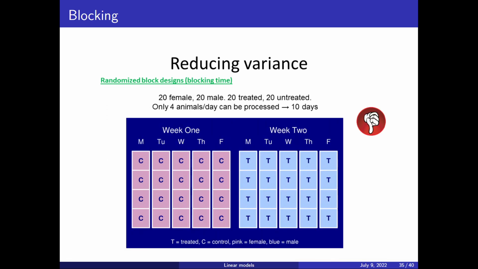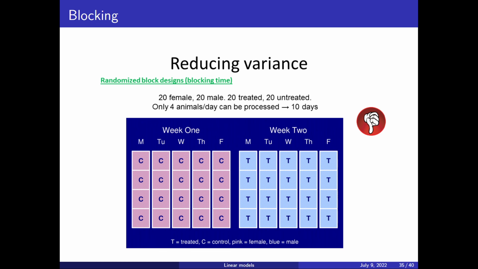And here is an example of how we should block our experiments. Let's say we have calculated that we need n equal 20 animals per group to detect a difference in whatever variable we are measuring.